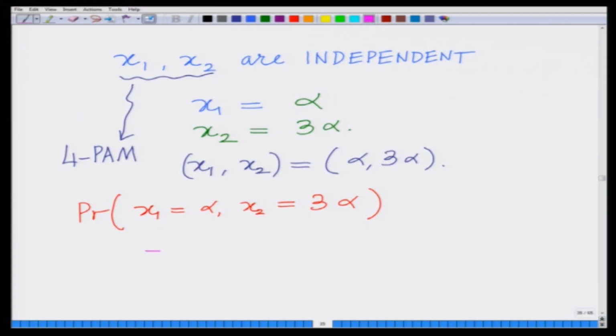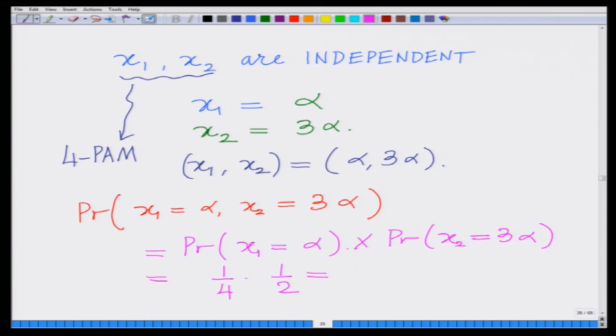Since these two symbols are generated independently, we can use the property of independent events: the joint probability, the probability of the intersection, is the product of the individual probabilities. Therefore, this is equal to the probability x1 equals alpha times the probability x2 equals 3 alpha, and as we have given the values initially, the probability that x1 equals alpha is 1 by 4, the probability x2 equals 3 alpha is half. So, this is equal to 1 over 8.